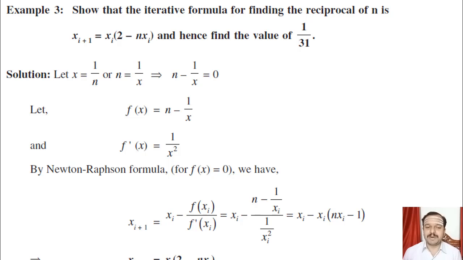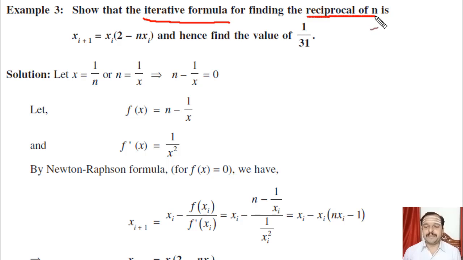So this is the example over here. Please look at this and try to read the question. Here we have to show that the iterative formula, we know the iterative formula of the Newton-Raphson method, but in this case we have to modify it for finding the reciprocal of n.